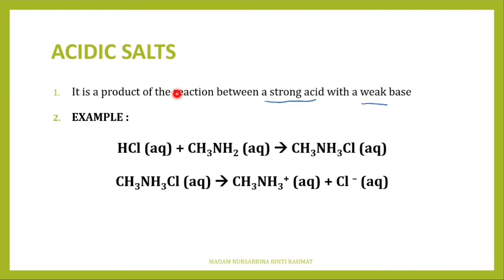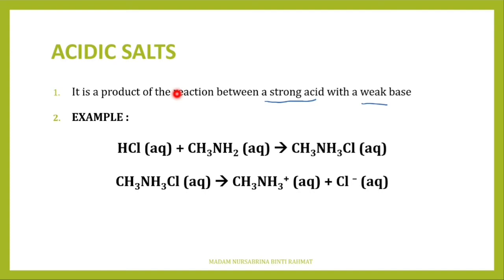So this is an example. A weak acid or weak base partially dissociates in water, meaning it is partially ionized. Any weak acid or weak base has a dissociation constant, either Ka or Kb.